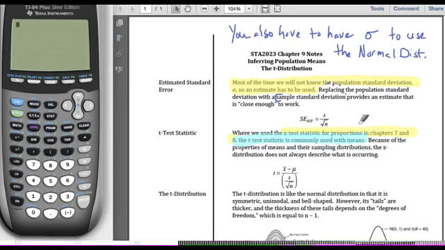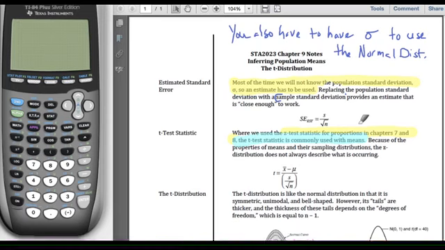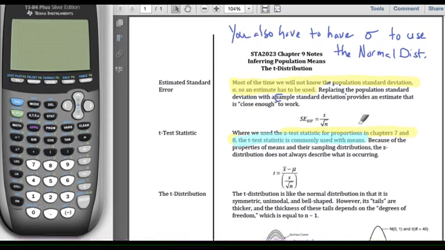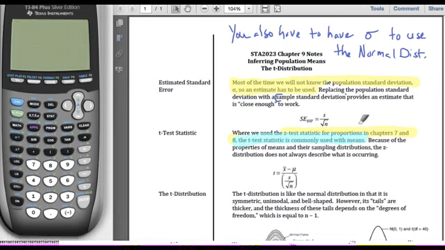In this particular class, this STA2023 online class, if you're dealing with a hypothesis test for proportions, you're going to use the z-score, the z-test statistic. If you're dealing with means, you're not going to use the z-test statistic, you're going to use the t-test statistic. This is because of the properties of means and their sampling distributions. The z distribution, the normal distribution, doesn't always describe exactly what's occurring.